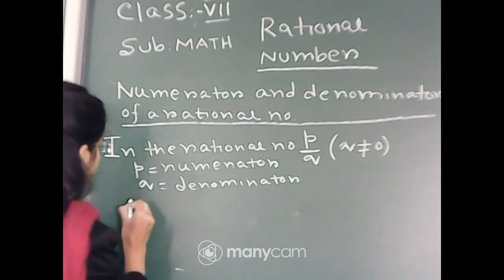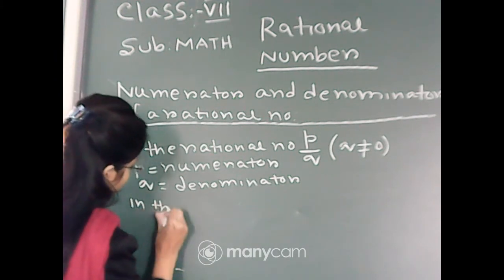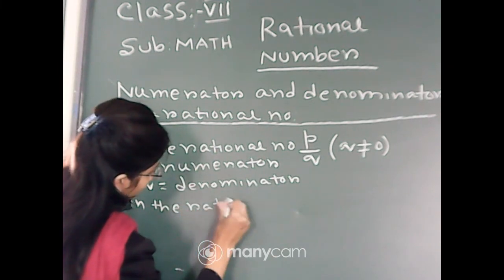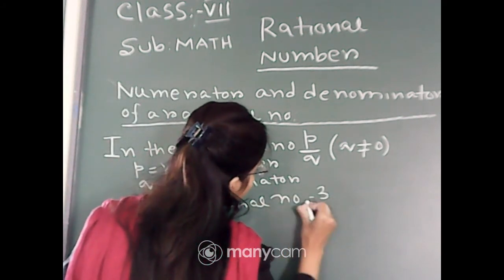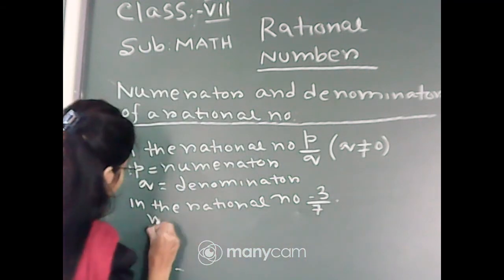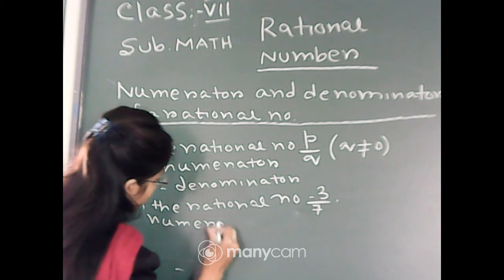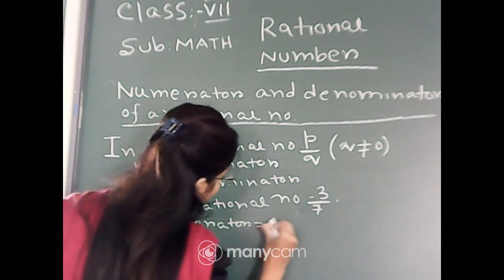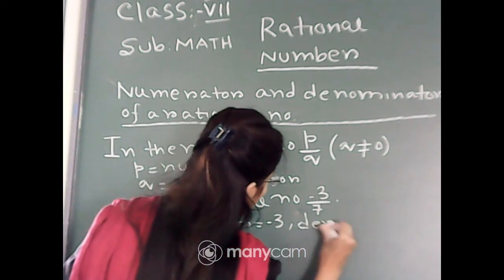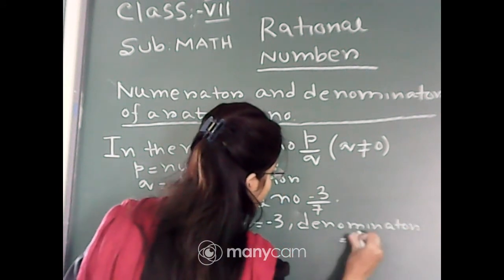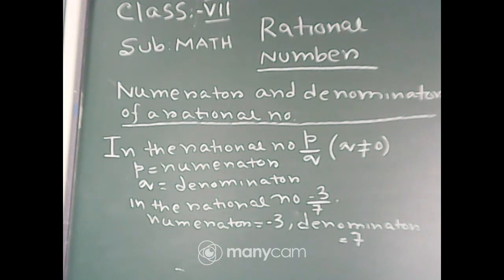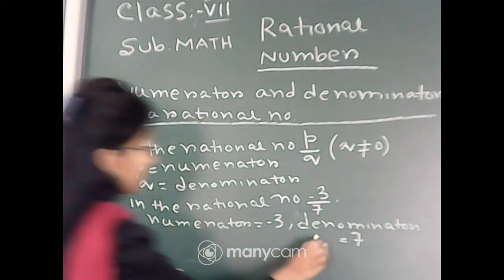For example, in the rational number minus 3 divided by 7, the numerator is minus 3, here the numerator is a negative integer, and the denominator is 7.